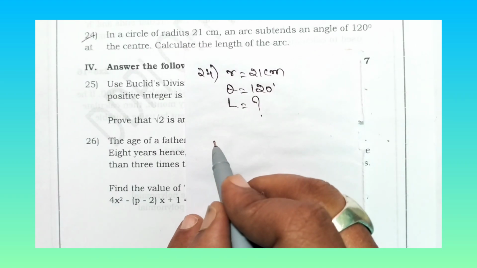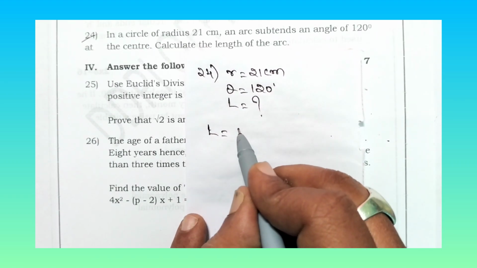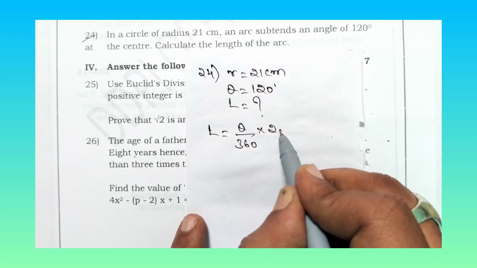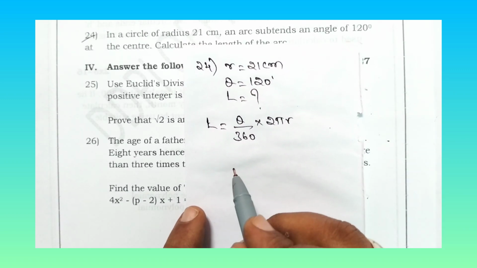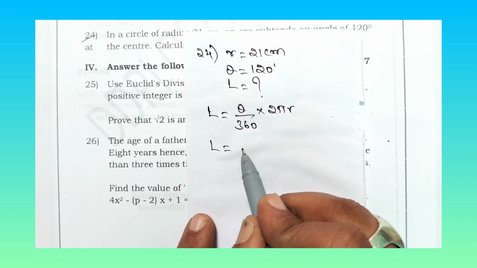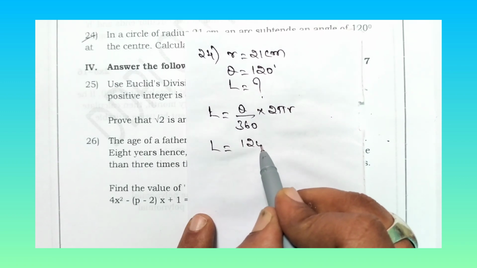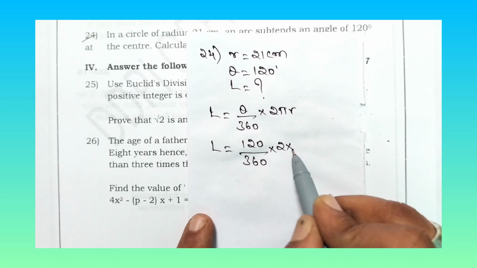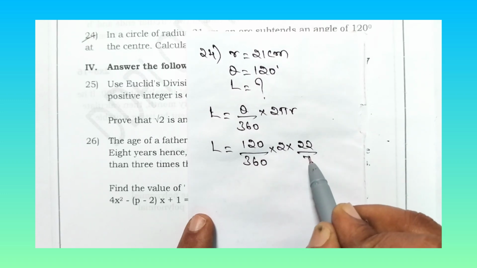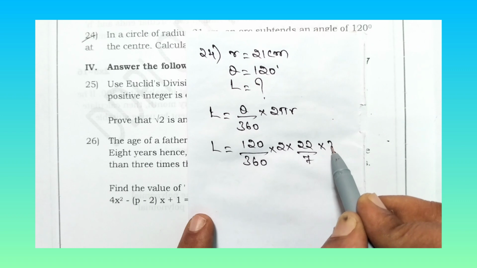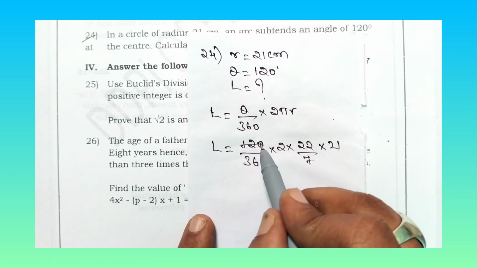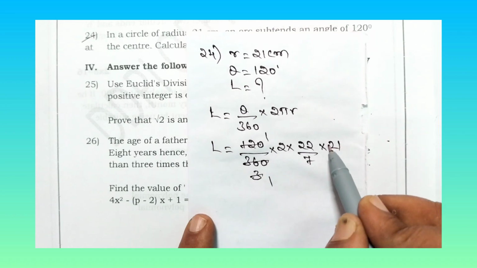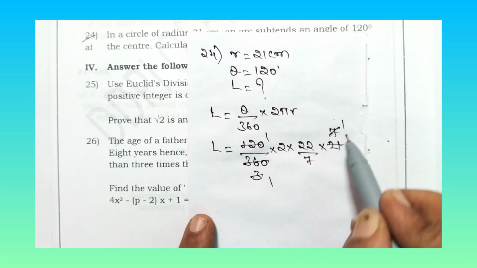What is the formula to calculate the length of the arc? Theta by 360 into 2 pi r. So theta is 120 divided by 360 into 2 into pi, which is 22 by 7, into radius 21. 120 ones are 120, 3 ones are 3, and 3 sevens are 21, 7 ones are 7.